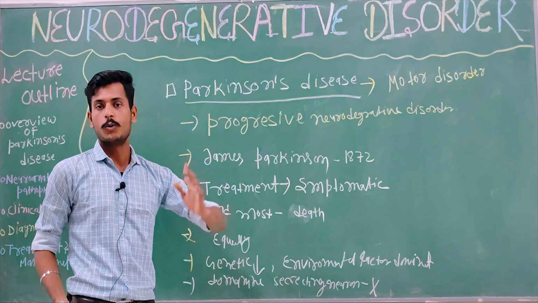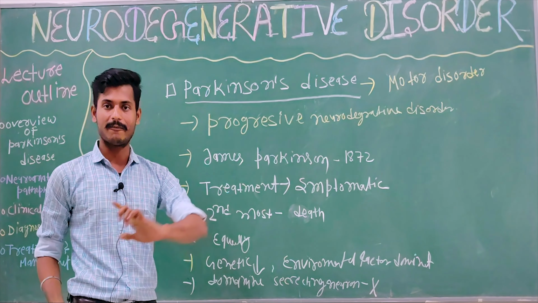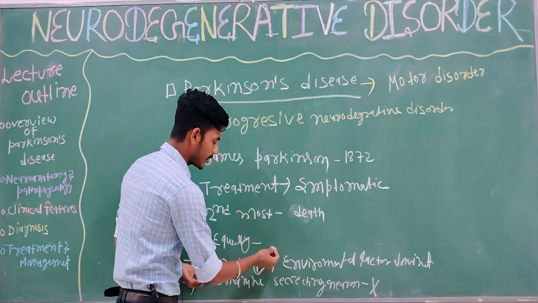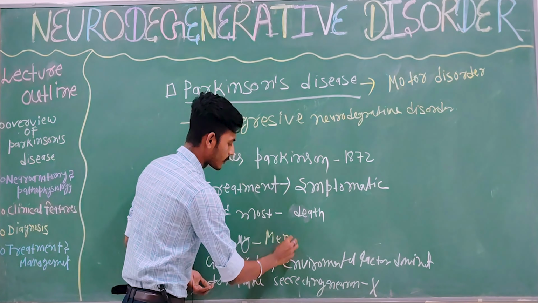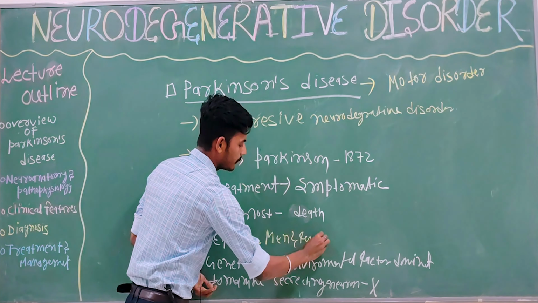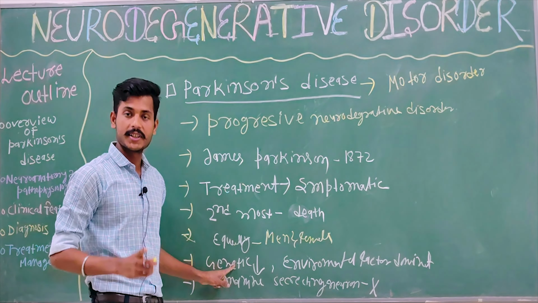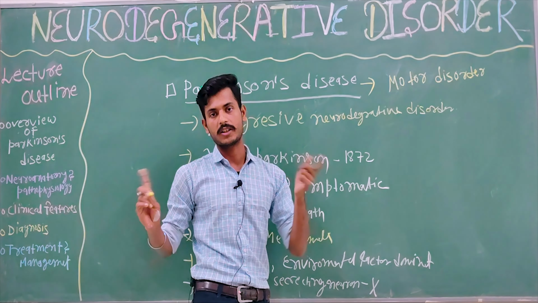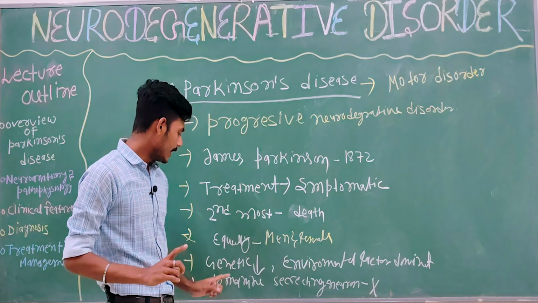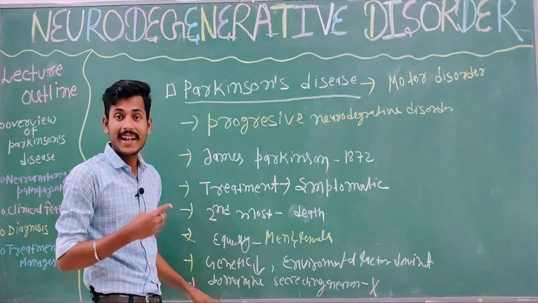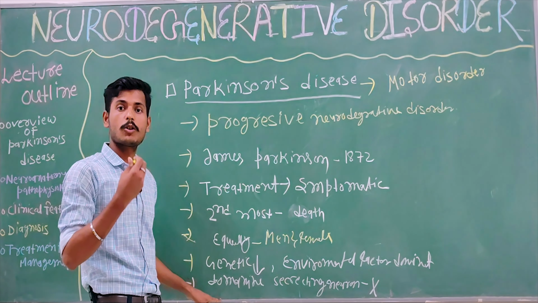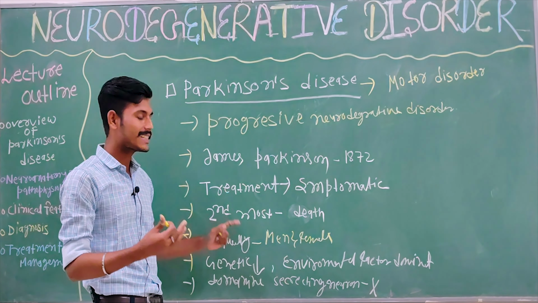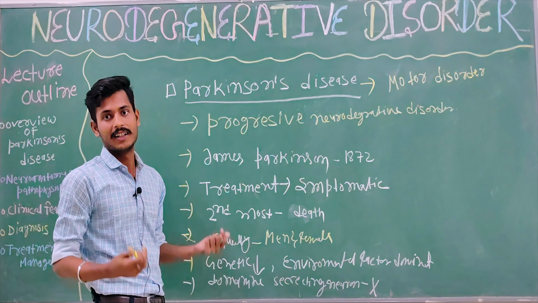It is the second most death-causing disease after Alzheimer's. It affects men and women equally. Here, genetics plays a poor role and environmental factors dominate if we're talking about the etiology. What actually happens in this disease is that the dopaminergic neurons, or dopamine-secreting neurons, start dying.